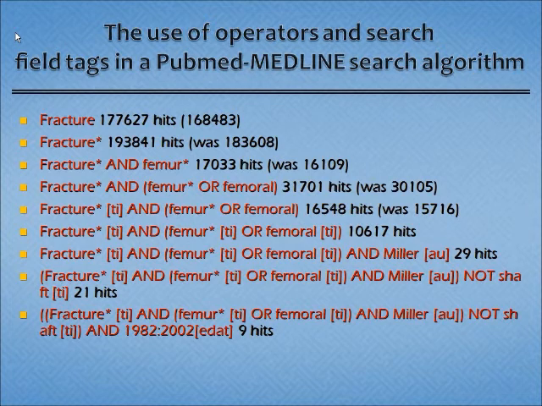Let's say these are very recent search results, and I will compare them with last year's results. If you write fracture, this many results come up in front of you in PubMed. This is the result from last week, and it was like this one year ago.